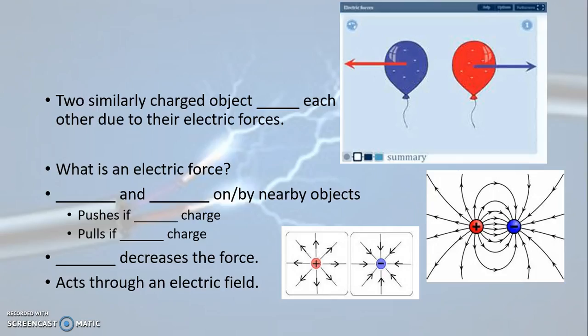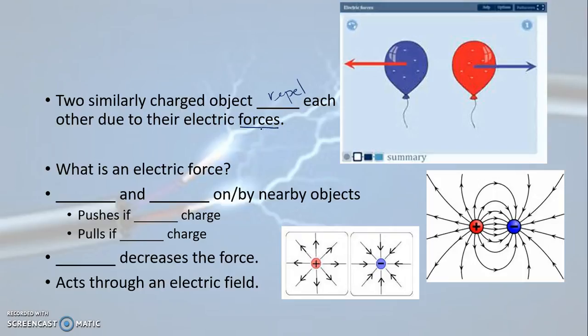All right, so what if I was to take 2 balloons and rub them on a piece of wool? Well, both balloons will end up with a negative charge, and those will repel each other because they have the same charge, and they have this thing called an electric force around them.